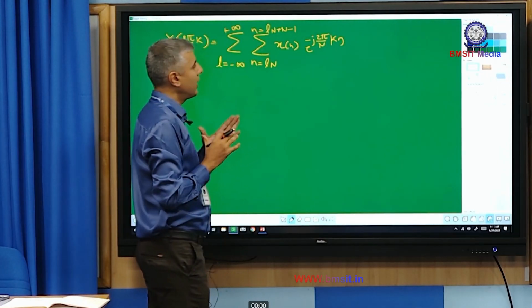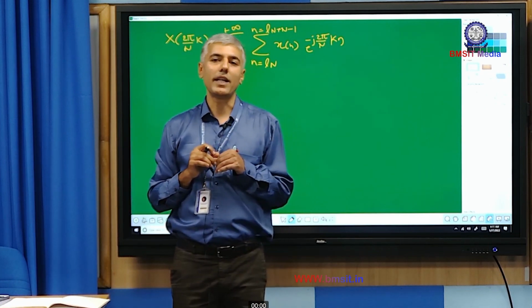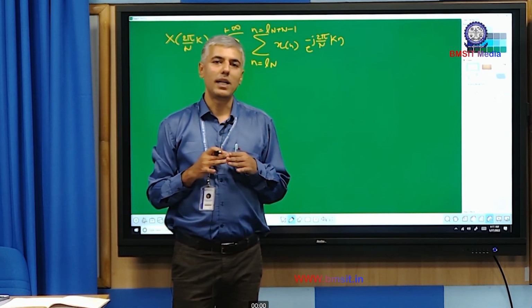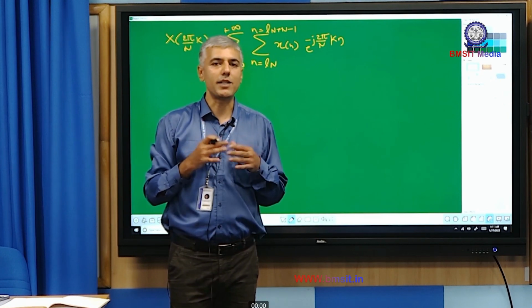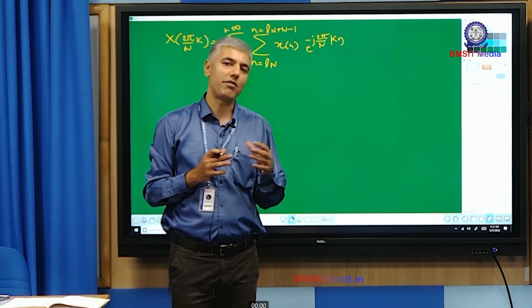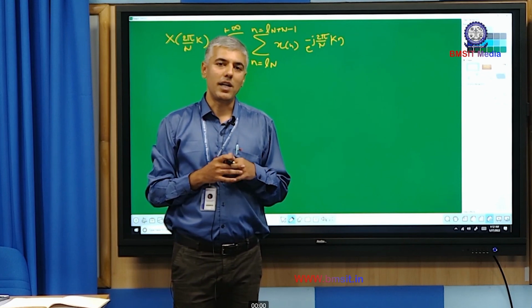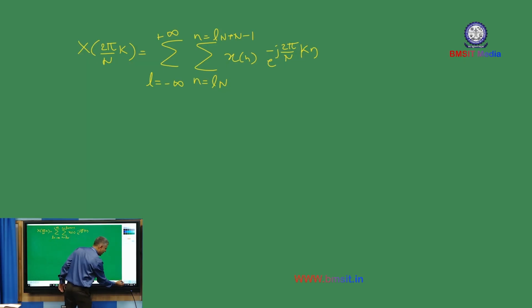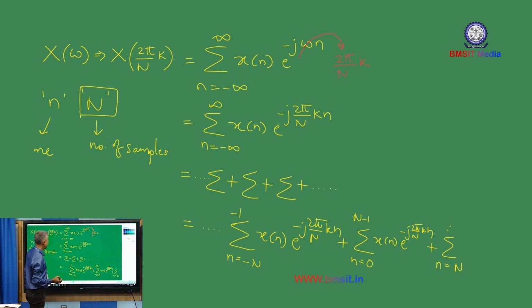The learner is encouraged to look at this expression as just an extended representation of the previous one. The expression over here is the one we call equation 1. This equation has x of n ranging from minus infinity to plus infinity. What we did is break it into a sum of summations.